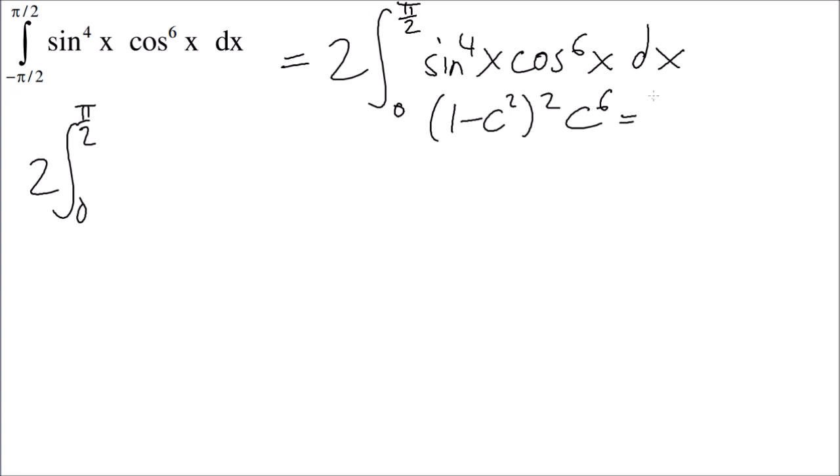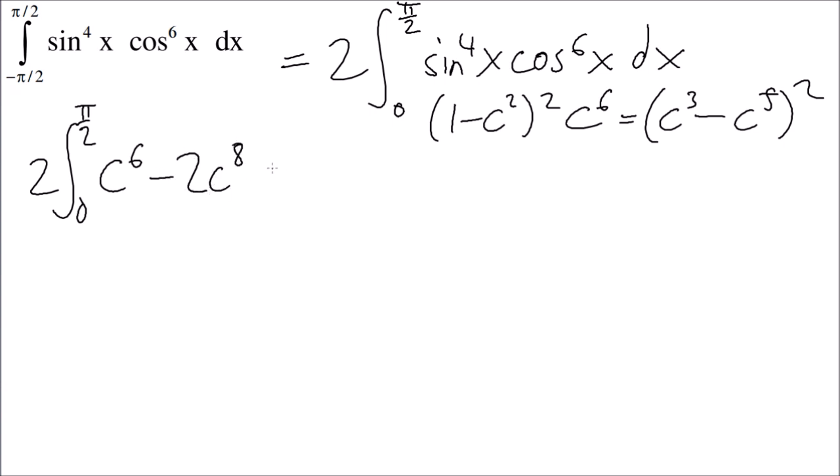This is equal sec cubed minus sec 5 squared. And so this is what? sec 6 minus 2 sec 8 plus sec 10. So this is like 2, and then we have pi over 2.